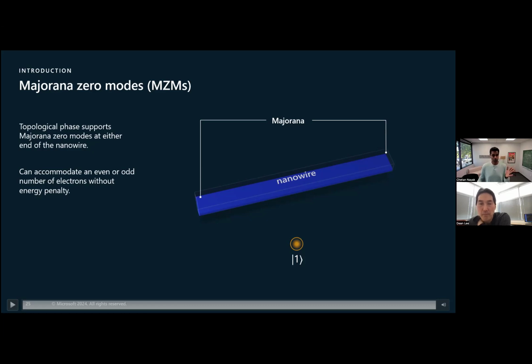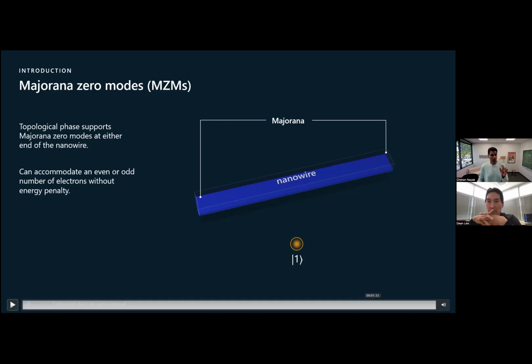The reason is that the topological superconductor can accommodate this in the ground state: you never have to have an unpaired electron in the normal sense of an electron that's sort of looking for something to pair with. That additional electron actually is put into the ground state and shared between the two ends.